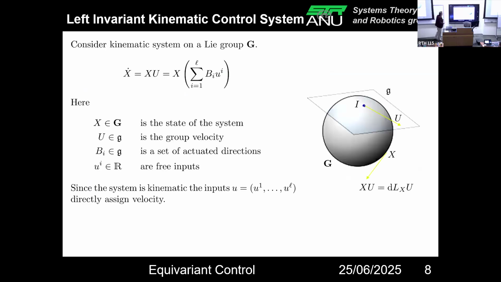Okay. So, left invariant kinematic control systems. The archetypal control system is this x dot equals xu. Okay, so we've looked at that this morning. And we're going to add to this that this is a kinematic system, right? Not a dynamic system.